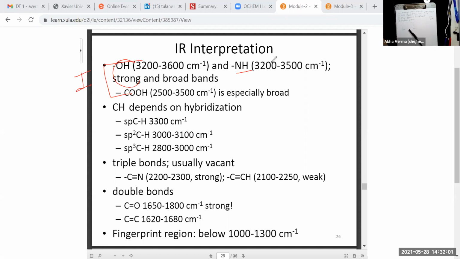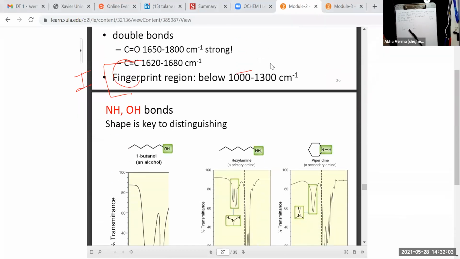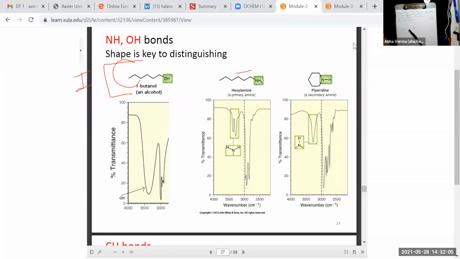But how does the peak look? And this is what I have shown you here. The NH peak will be a medium-sized peak. Because of one hydrogen, you will have a single point. Because of two hydrogens, you have this double point.